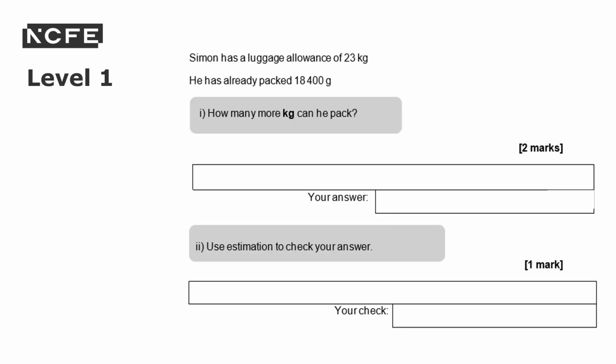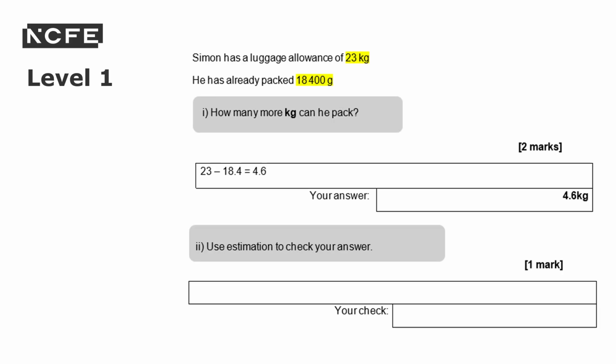We'll take a look at a level 1 example now. Simon has a luggage allowance of 23 kilograms. He's already packed 18,400 grams. How many more kilograms can he pack? Our learner has highlighted the key information, so 23 kilograms and 18,400 grams, and they've done the calculation. 23 take away 18.4.